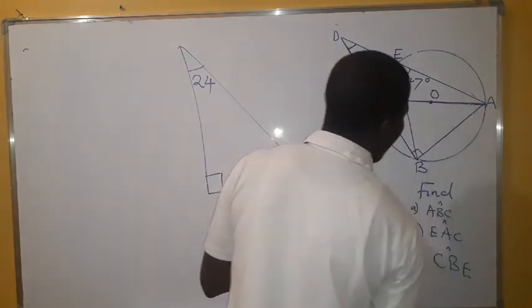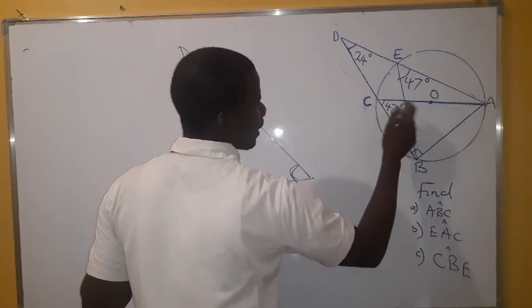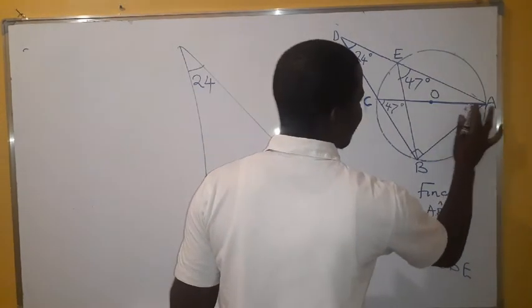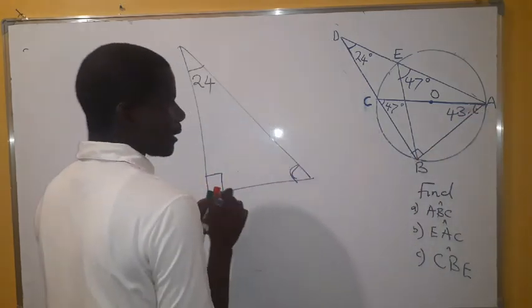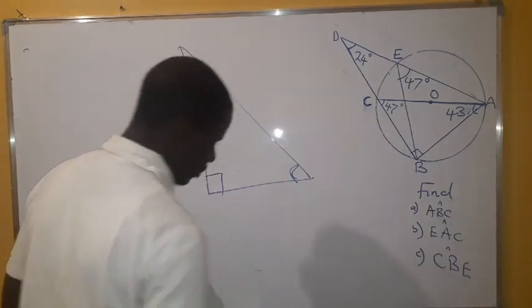So I'm saying this is 90, so these two angles also should give us 90. So I'm sure this is 43. So when we add this, must give us what? Are they giving us 90? I think so.